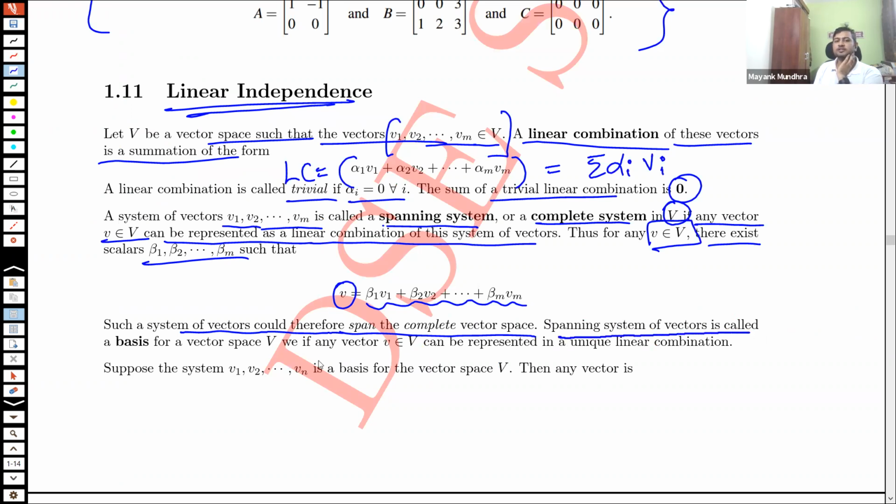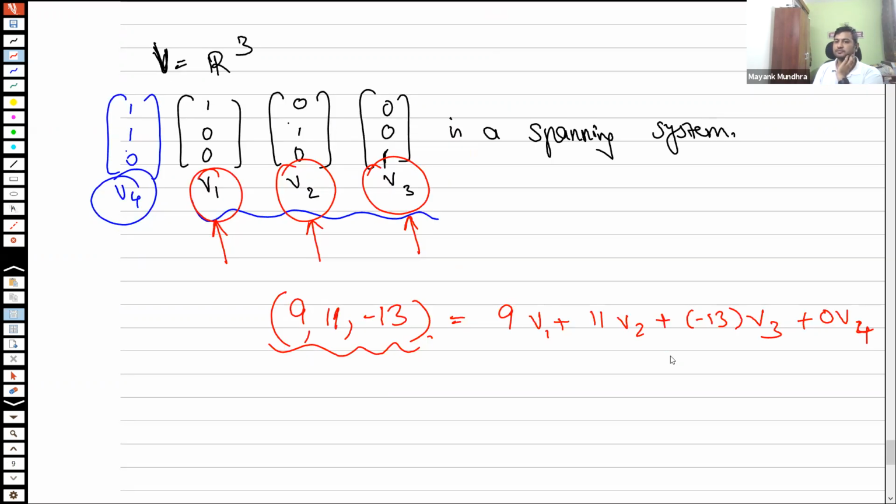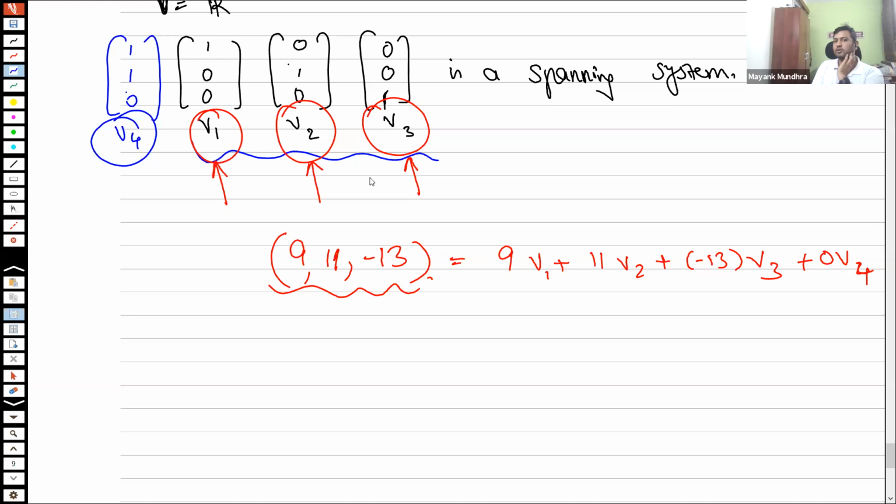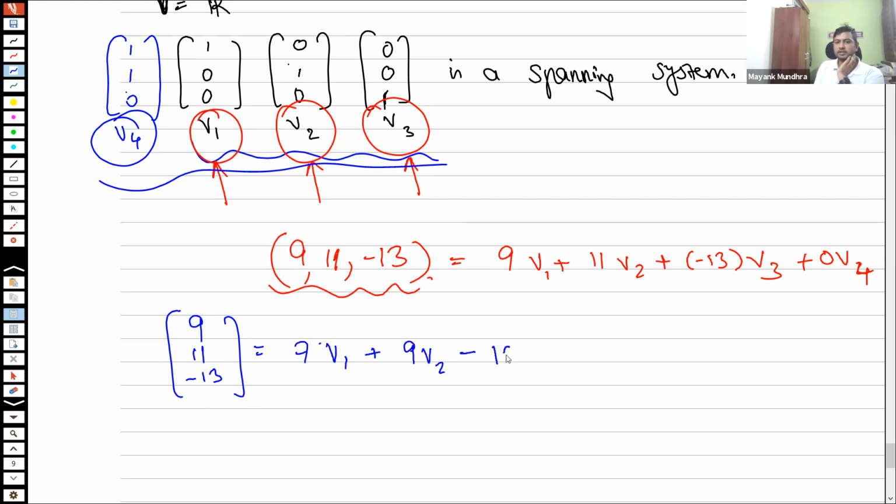Now, a spanning system of vectors is called a basis for V if any vector b can be represented as a unique linear combination. Notice that another way to use V1, V2, V3, V4 to reach (9, 11, -13) would be: (9, 11, -13) equals 7 times V1 plus 9 times V2 minus 13 times V3 plus 2 times V4.